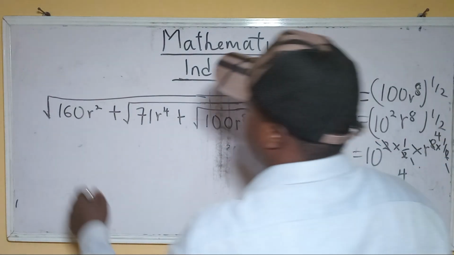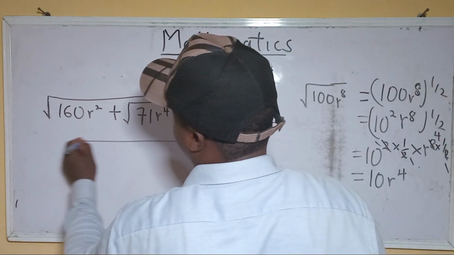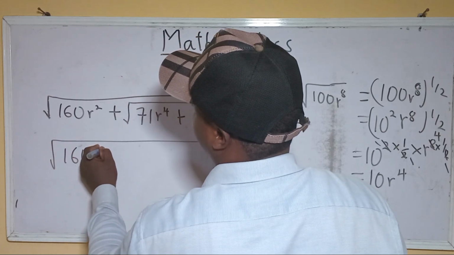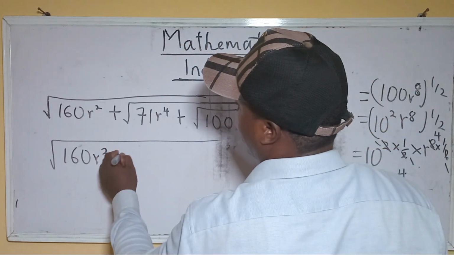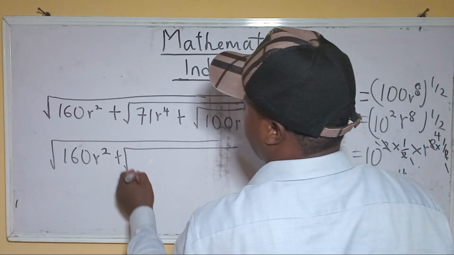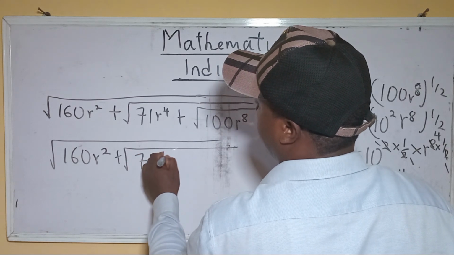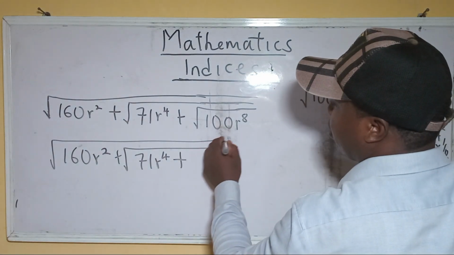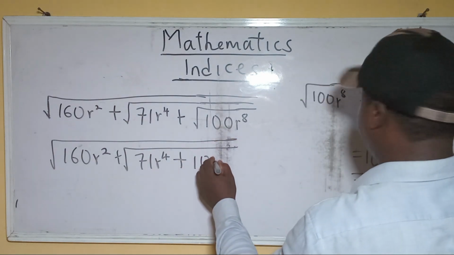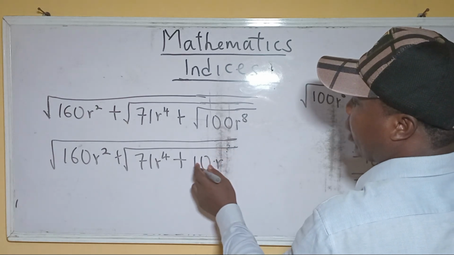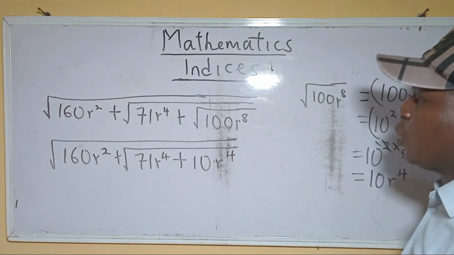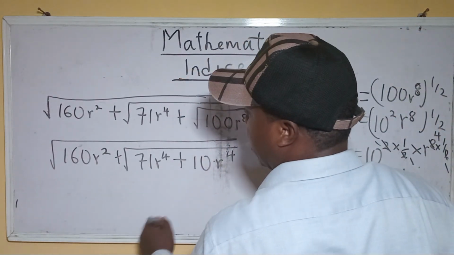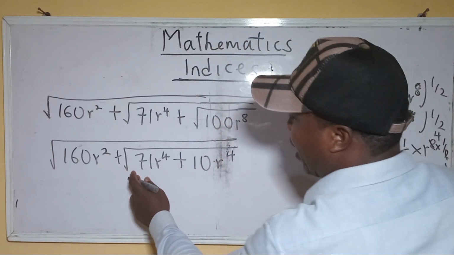Now I have to come back to this place. So this one I will now have square root of 160 r squared plus 71 r raised to power 4 plus 10 r raised to power 4. We have to add this together. So let's solve this part.